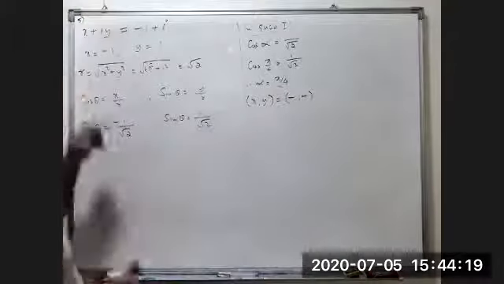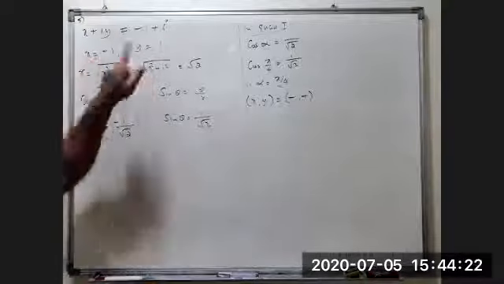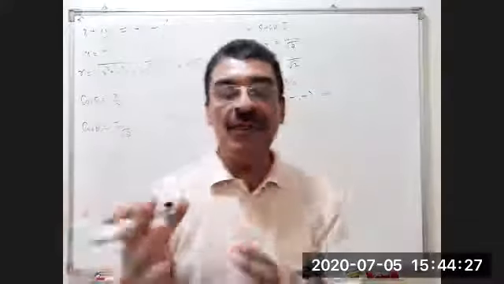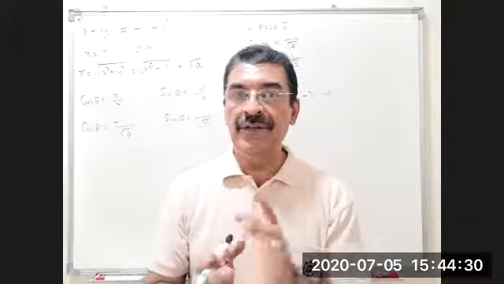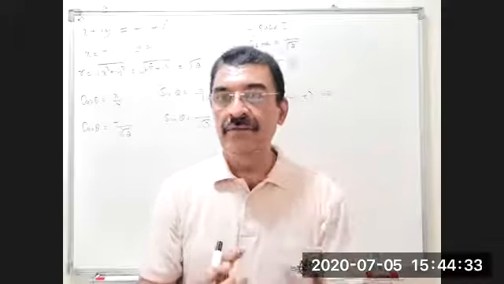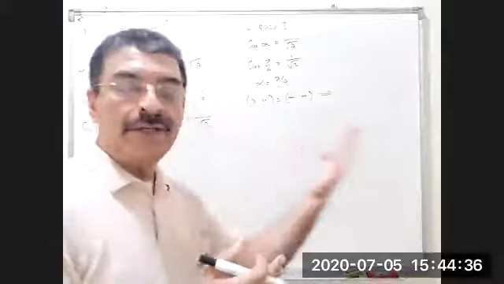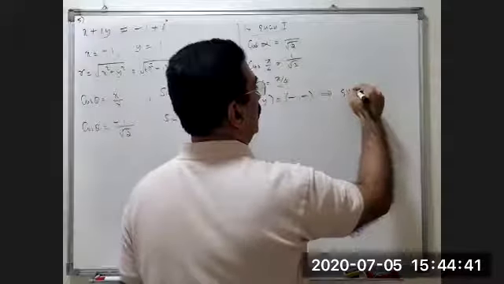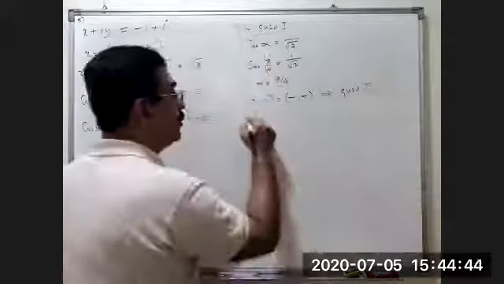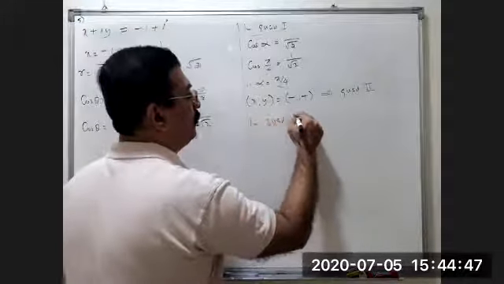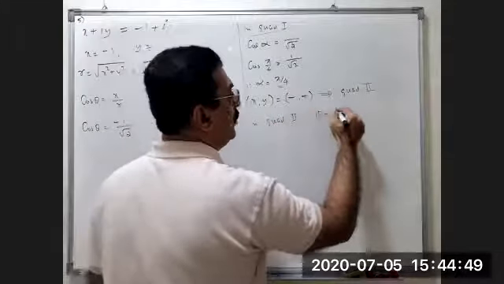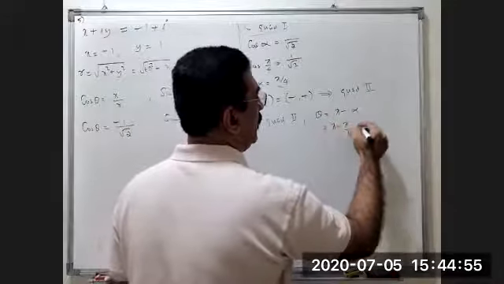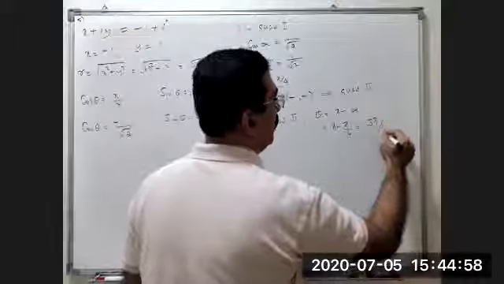X is negative means left side, y is positive means above. So in quadrant 2. Now in quadrant 2, we know the formula. In quadrant 2, our theta is pi minus alpha. That is pi minus pi by 4, which is 3 pi by 4.